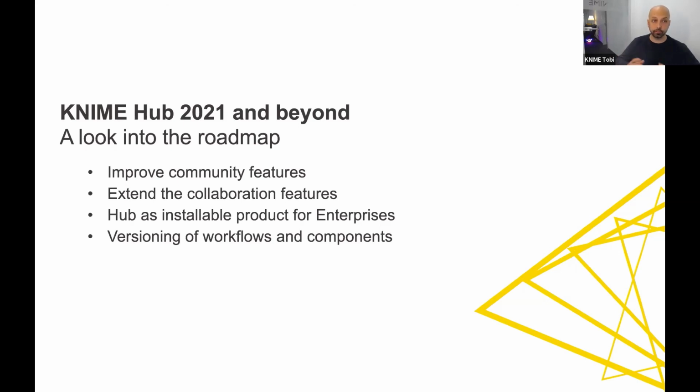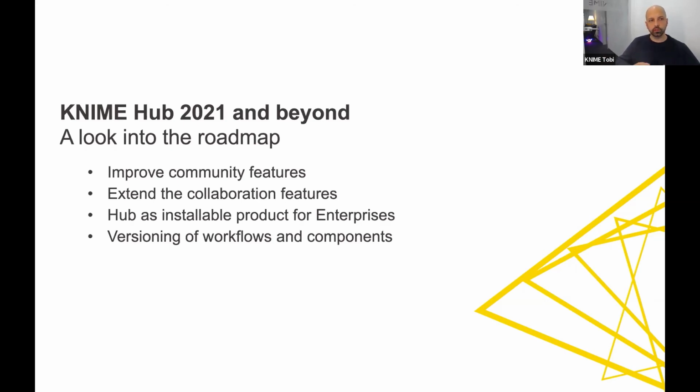So things like that. Also maybe that you can explore the hub while clicking through and not having to use Google or the hub search all the time to discover more things about the hub. And as I mentioned already, and this came also up in the chat, we want to extend the collaboration features quite a lot. This is one big focus for the hub. So there's tons of possibilities for that.